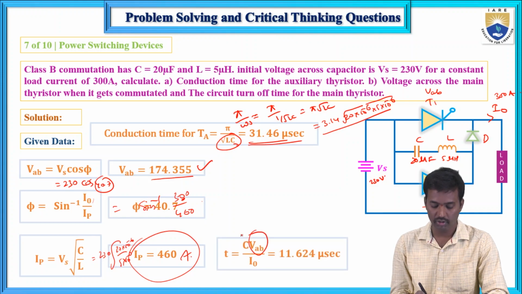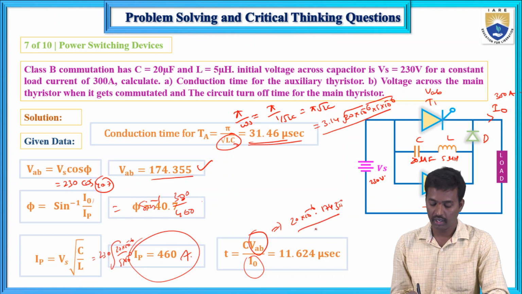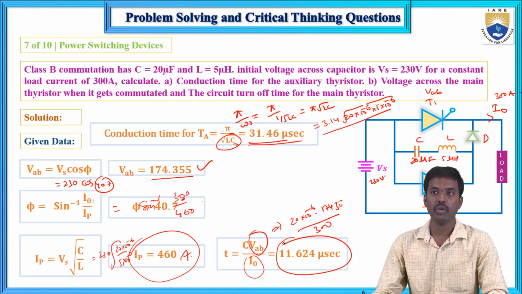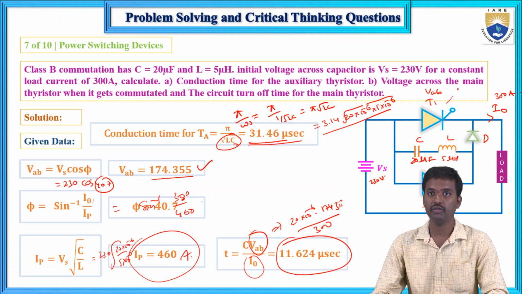Next, the circuit turn off time. The circuit turn off time depends on the voltage across the main thyristor, the capacitor value, and the load current. So it equals C, 20 into 10 power minus 6, times 174.355, divided by the load current 300. The value of this is 11.624 microseconds. This is simple if you know the circuit diagram and the formulas.